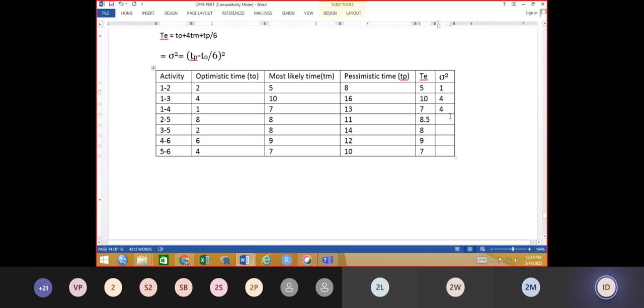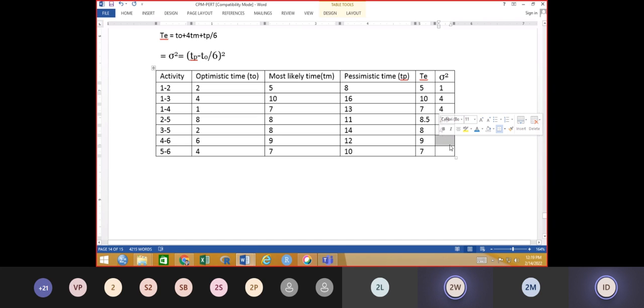How much? 0.25, sir. Next, which activity? 3 to 5, how much? 4, sir.